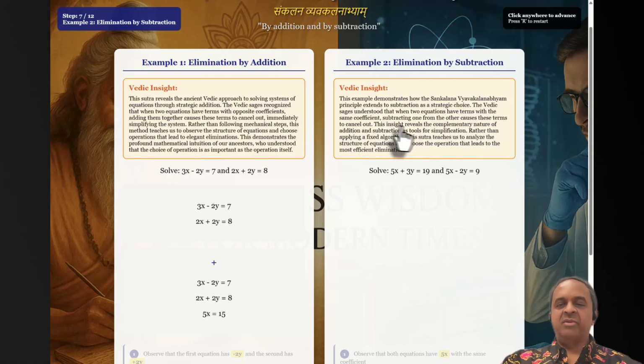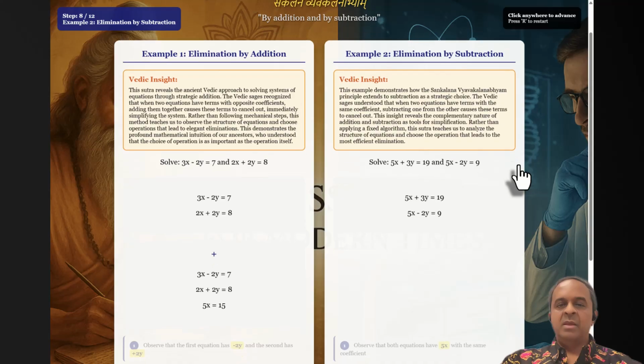This insight reveals the complementary nature of addition and subtraction as tools of simplification. Rather than applying a fixed algorithm, the sutra teaches us to analyze the structure of equations and choose the right operation that leads to the coefficient elimination.